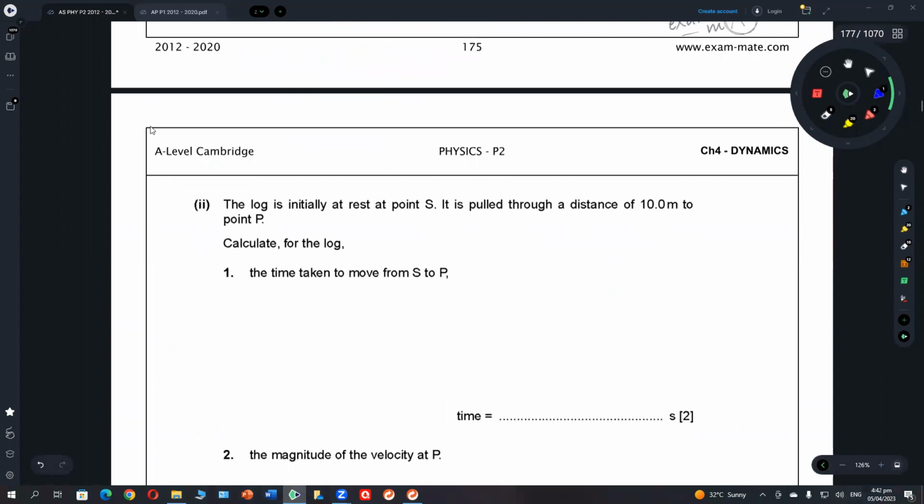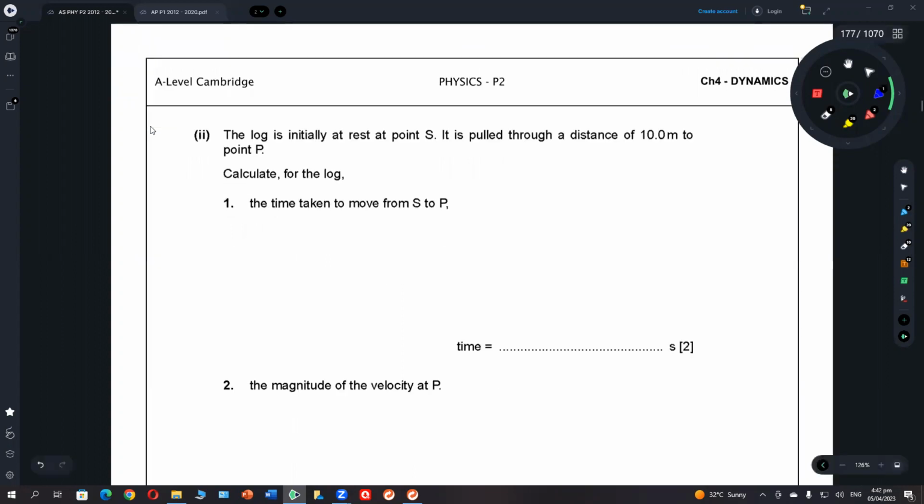The log is initially at rest at point S. It is pulled through a distance of 10 meter to the point P. Calculate the time taken to move from S to P. Examiner now giving the situation that this is the angle theta and the log was here. This position is S and it has been pulled to a new position P. It was at rest.